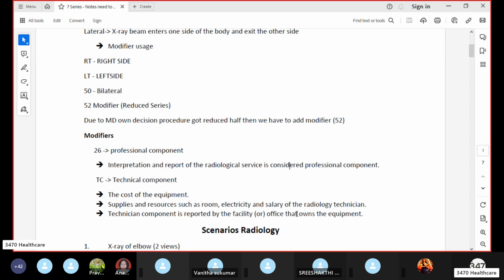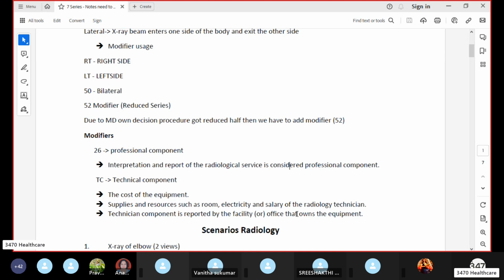So they refer you to a nearby diagnostic center. You go there and the technician helps you take the X-ray of the chest. After that, the technicians in the diagnostic center give one report and the X-ray film and all. You collect that, come back, and show it to the provider.